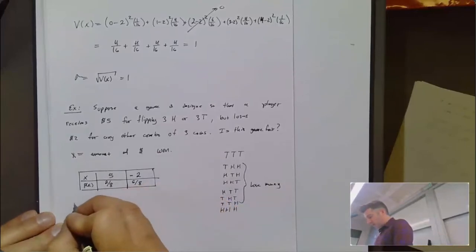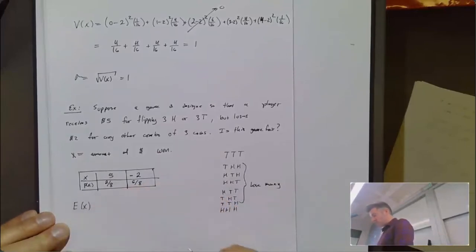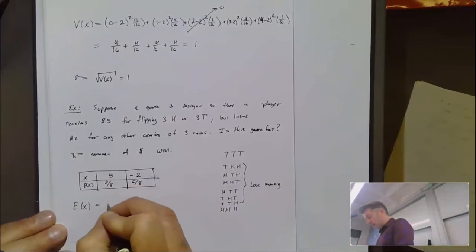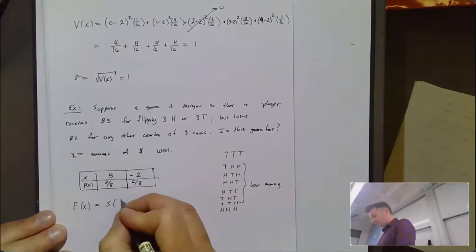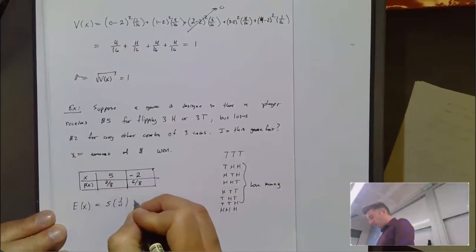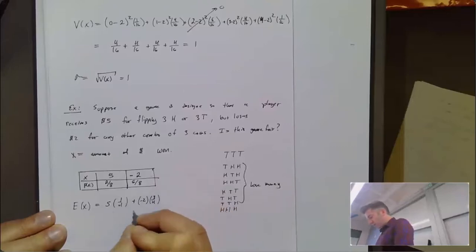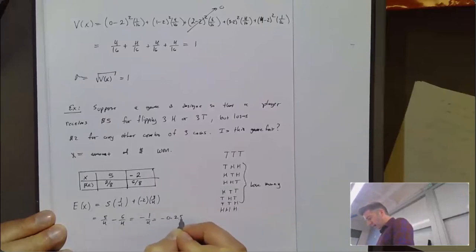So then my expected value of winning, the amount of money I'm going to expect to win, is going to be $5 times, I'm going to reduce this fraction to 1/4, plus -$2 times 3/4. Let's see, that's going to be 5/4 minus 6/4. That's going to be -1/4 or -0.25.